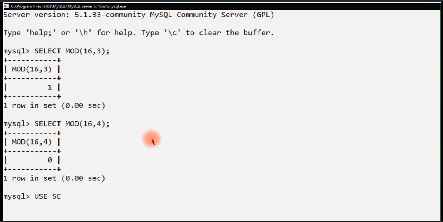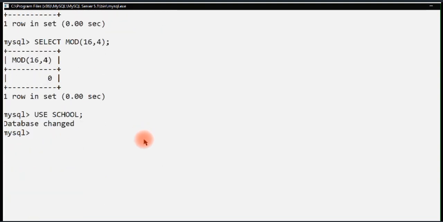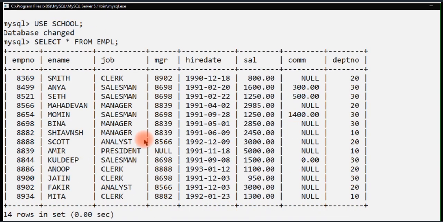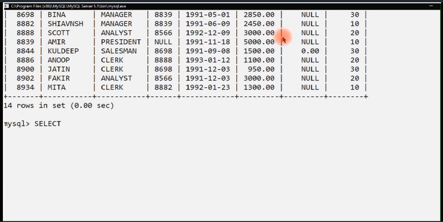For that, I am using my database school, where I have one table named EMPL that I am making use of. Select star from EMPL, and in this table there is a department number field. I can apply the mod function on that. For that, my query will be select mod.